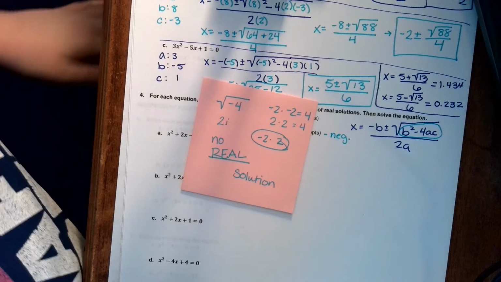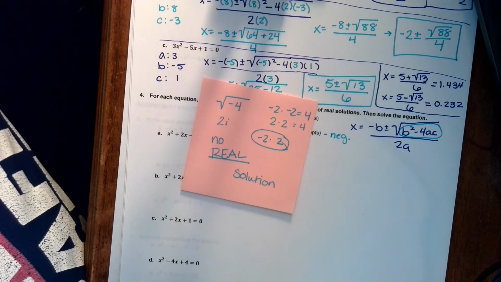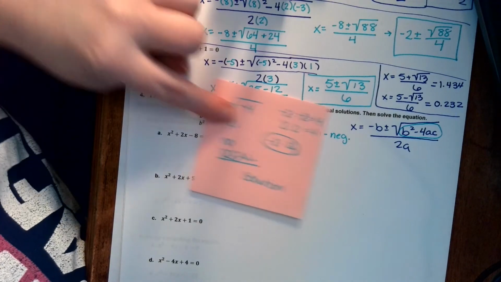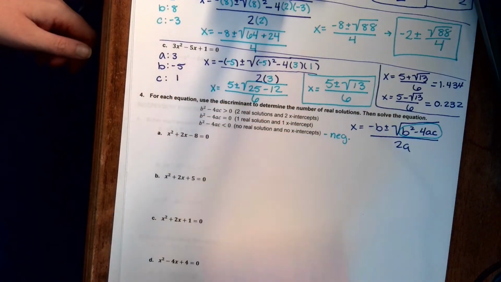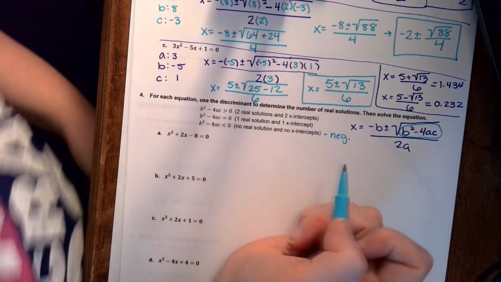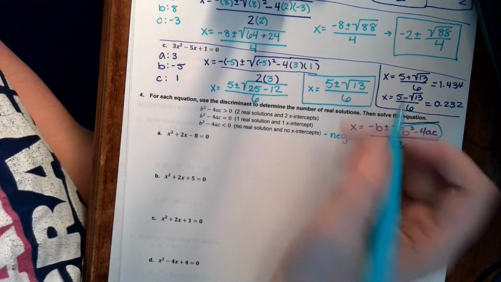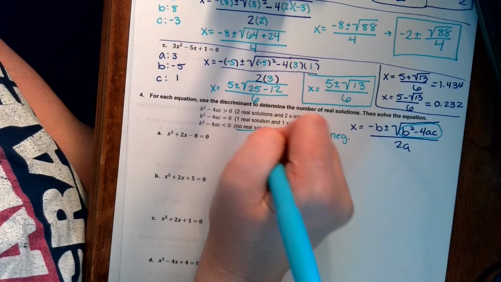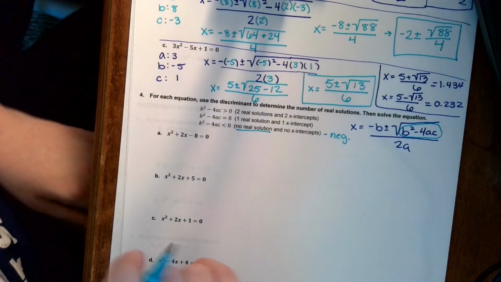The solution would be 2 times i, and i stands for imaginary number. So it would be the square root and then i for it being imaginary. So there you go. I taught you something. But for right now, because this is negative, we would just say no real solution. And it wouldn't have x-intercepts at all.